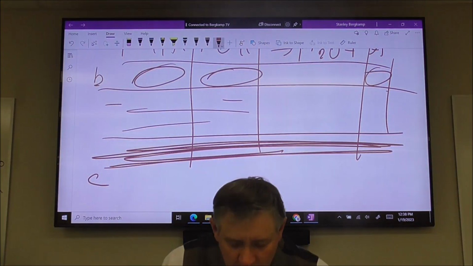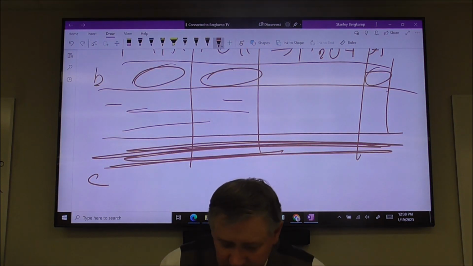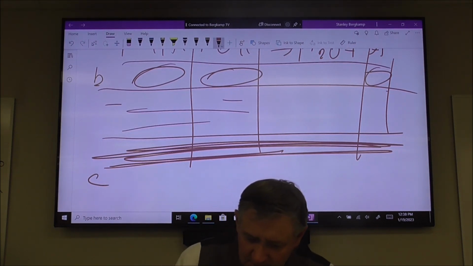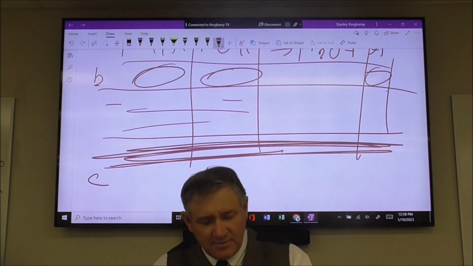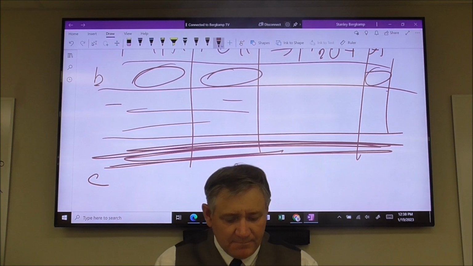Now, when you get to number 3, you're back to a weak acid, you have acetic acid, 0.1 molar. Notice on these numbers, you're going 50, 100, 150, 200, 250. Similar type of thing to what's going to happen up there on number 1.